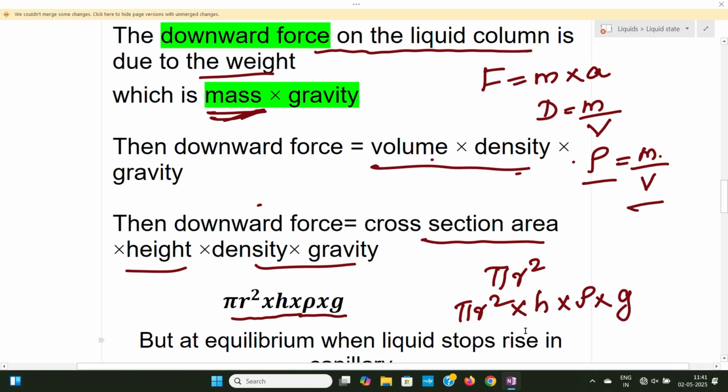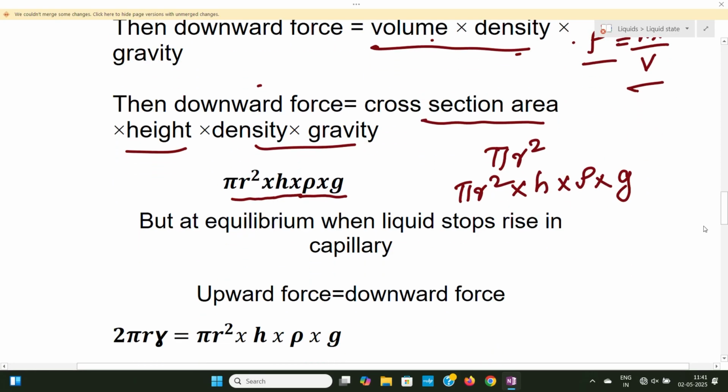So now we have the upward force, 2 pi r gamma, and the downward force, pi r square h into rho into g. At equilibrium, the capillary rise will stop. At that time, the upward force is equal to the downward force.